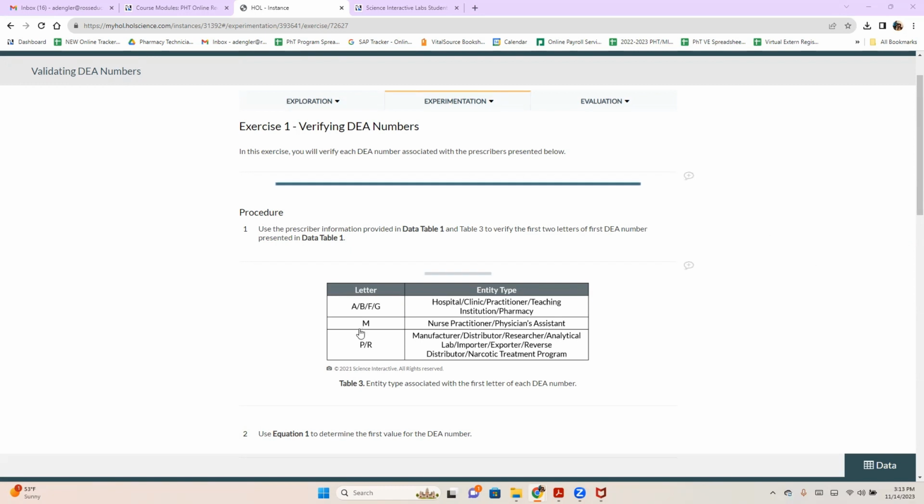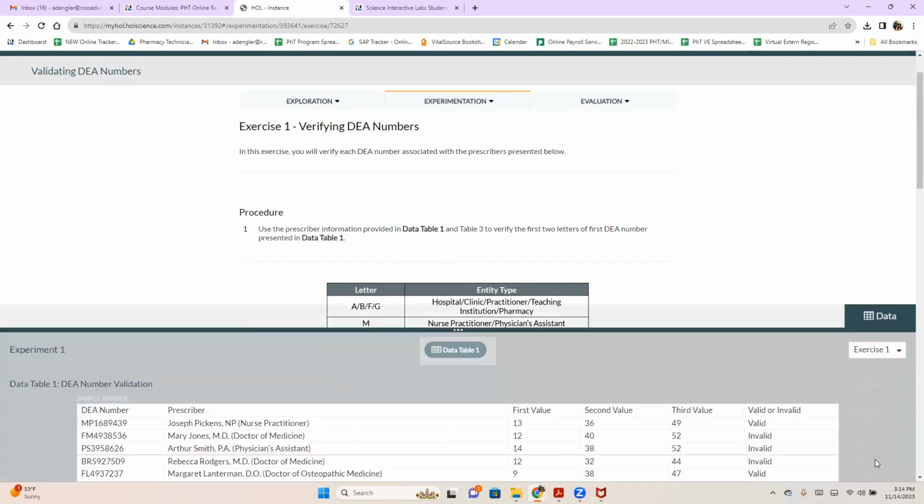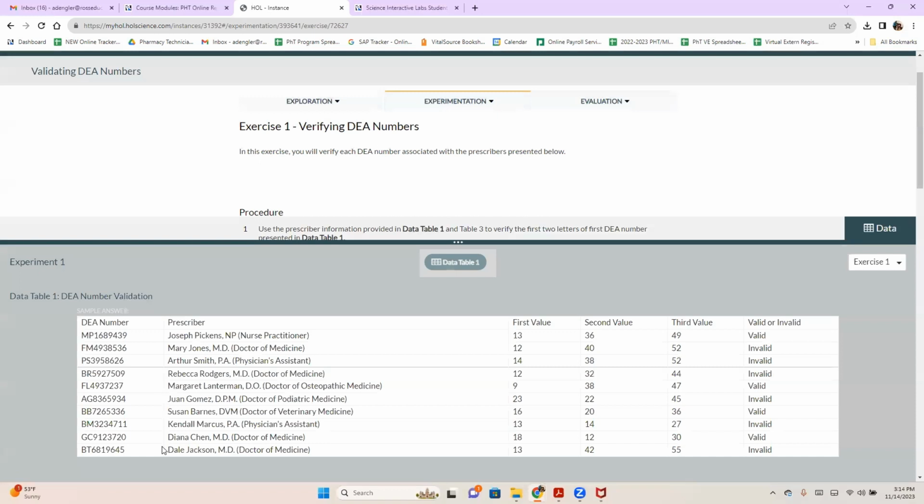So you're going to want to remember the letters that go first for the DEA number, and remember that the DEA number's second letter should be the first letter of their last name. When you're going through the chart, if there's any that do not have the first two letters matching, you can just already eliminate them.